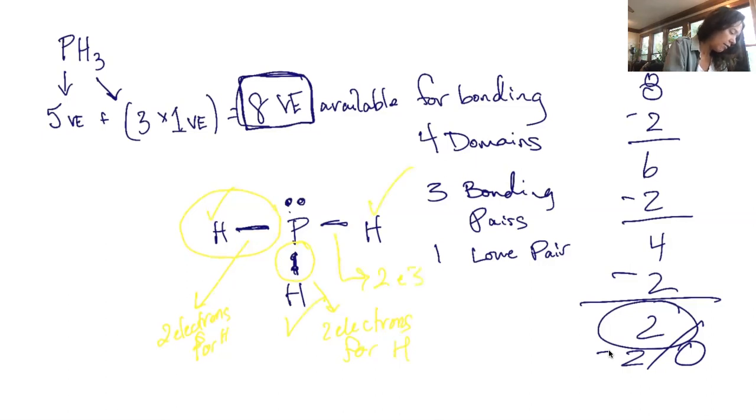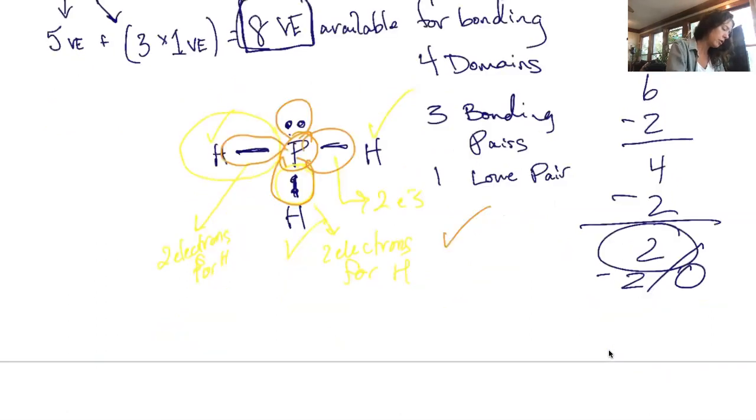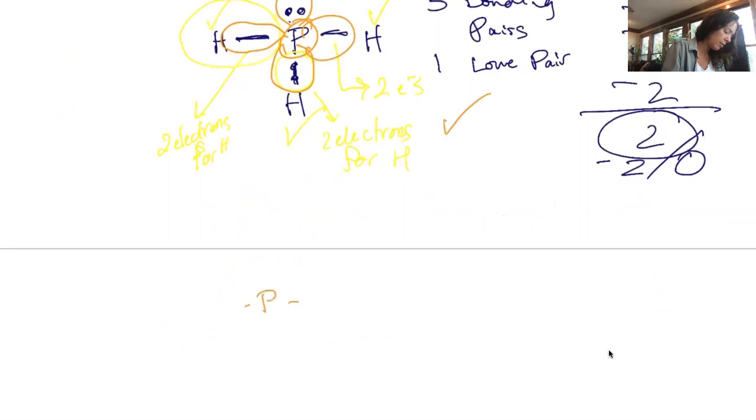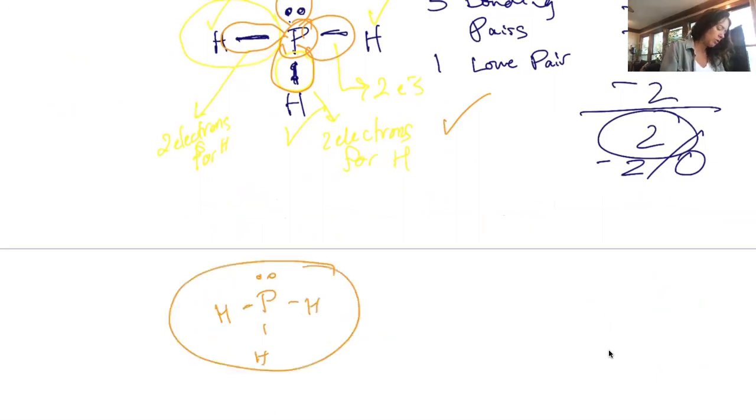Now let's look at phosphorus here. Well, phosphorus has 2. They're sharing these. 4, 6, 8. Beautiful. We have 3 bonding pairs and 1 non-bonding pair. We've used up all of our electrons. Everybody's happy. That's what we should look like.